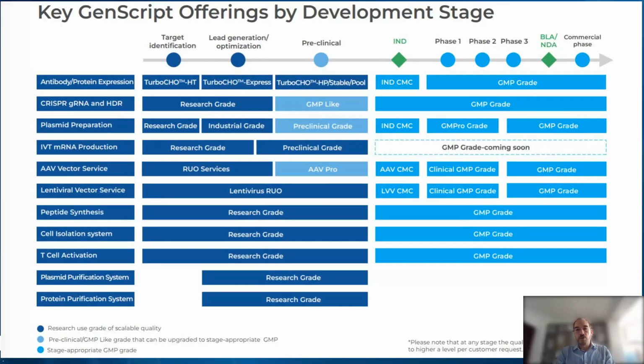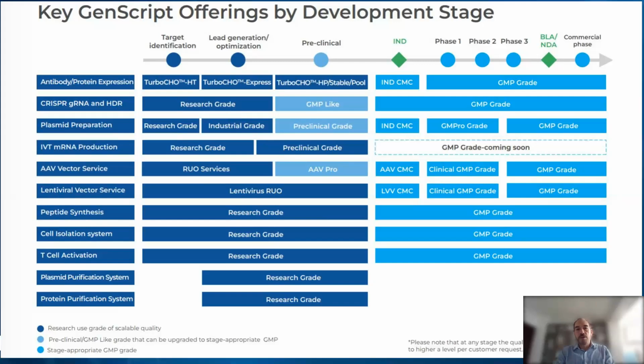This is just a short overview of all the services and products that we offer. In summary, we are highlighting some of the key services and products because we have too many to show on a single slide. But you can see for antibody and protein expression production, we can support everything from the early research stage going to preclinical, and then IND filings, clinical trials and clinical manufacturing.